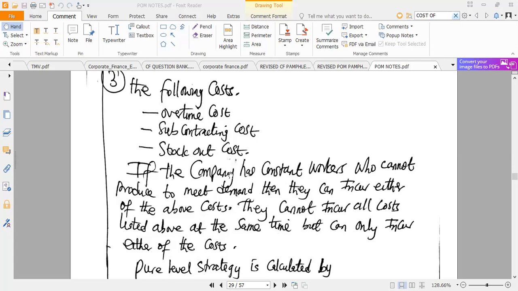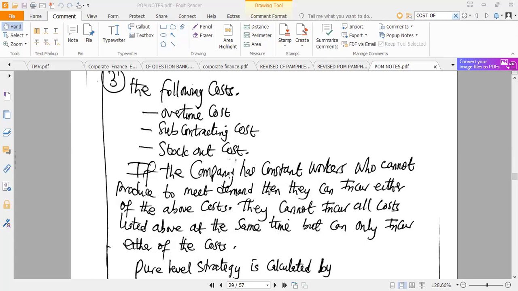If option one, overtime, is not possible for the company, you decide to subcontract, giving somebody else who is able to produce similar goods that those 20 workers are able to produce. As a result, the company will incur subcontracting cost.